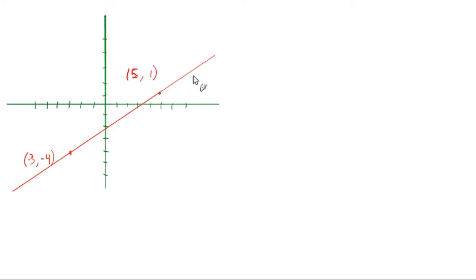Alright, so the slope is defined as the rise over the run. It is this fraction that we make up that compares the vertical change between these 2 points over the horizontal change.